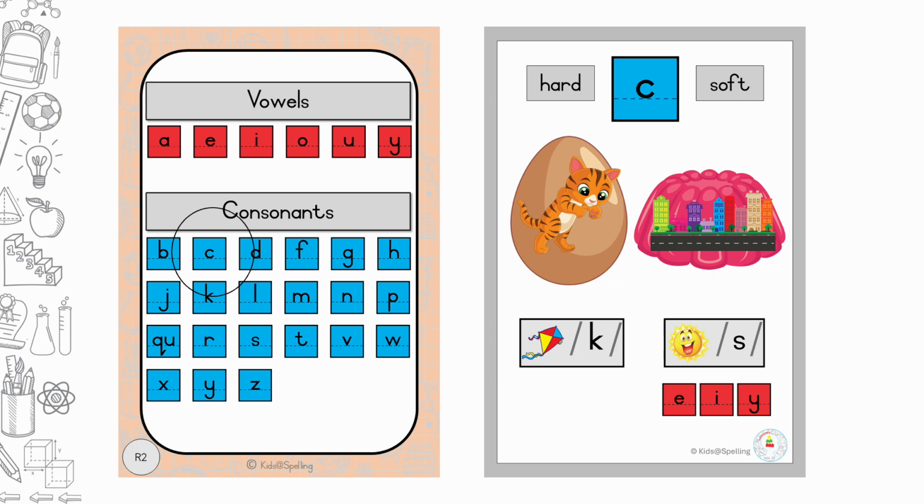For the C, the hard sound is K, as in cat, cap, cot. And the soft sound is S, as in city, cent, circle. And you will find the soft sound if the C is followed by E, I, Y.